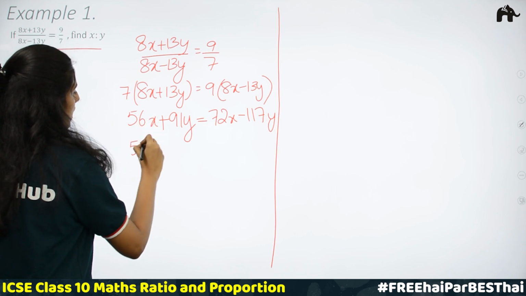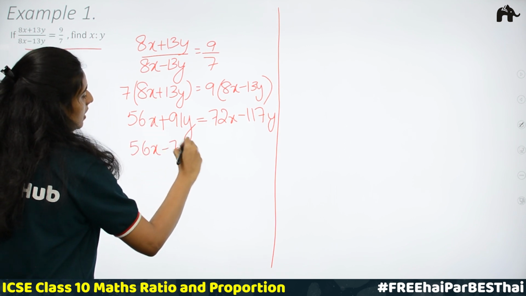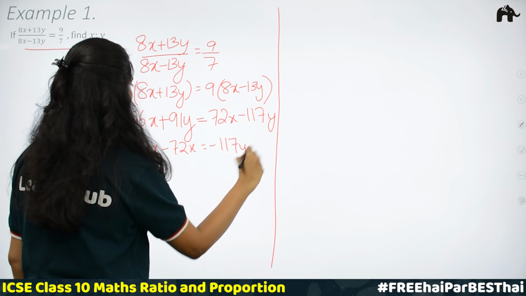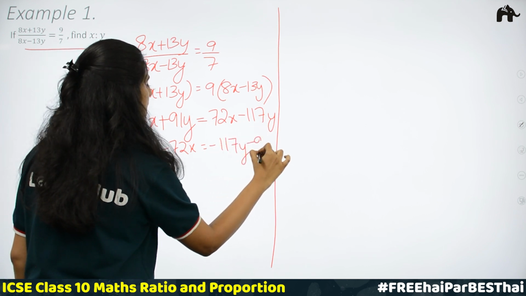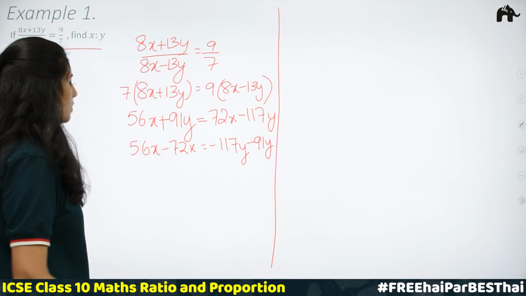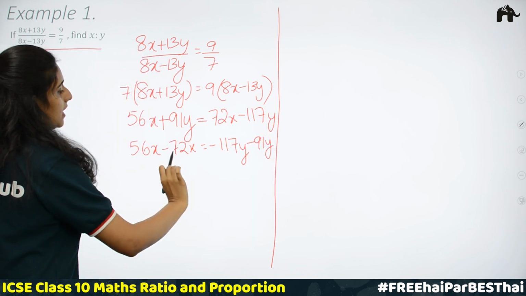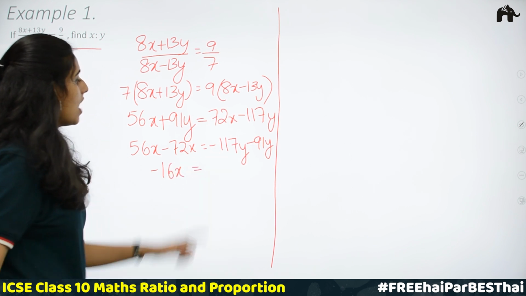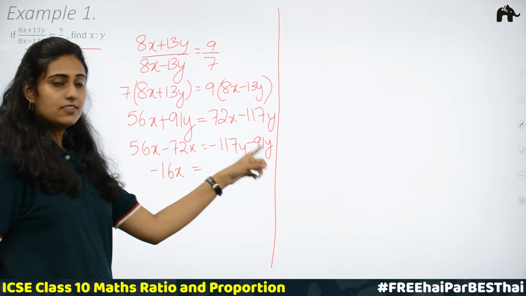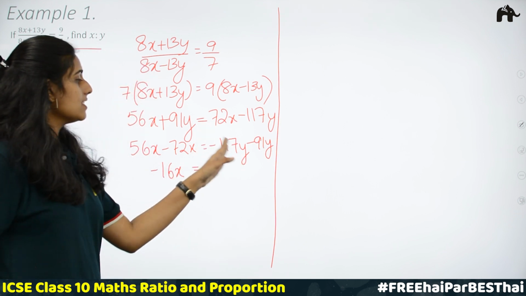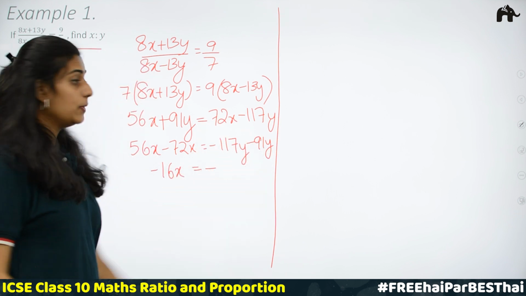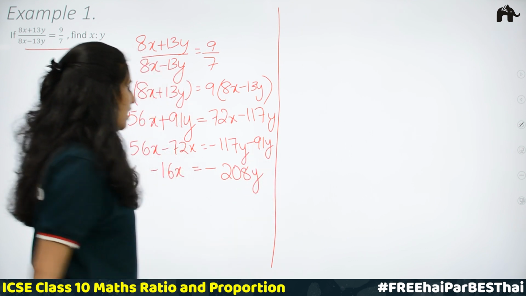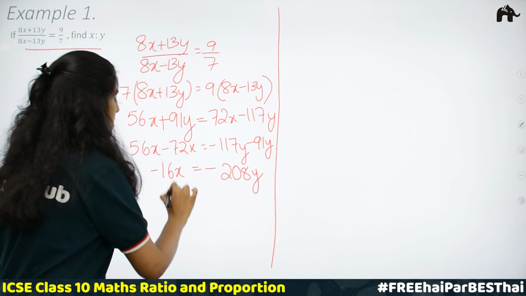We get 56x minus 72x is equal to minus 117y minus 91y. Okay, 56x minus 72x is minus 16x is equal to minus (117 plus 91). Here we have a negative sign. 117 plus 91, you will be getting 208, and a y here. Negative signs can be removed.